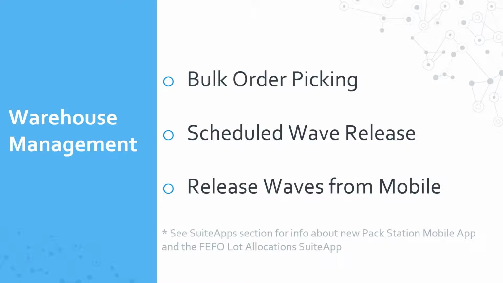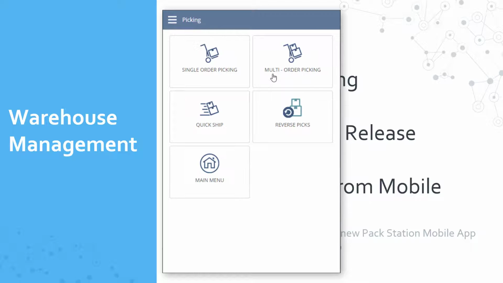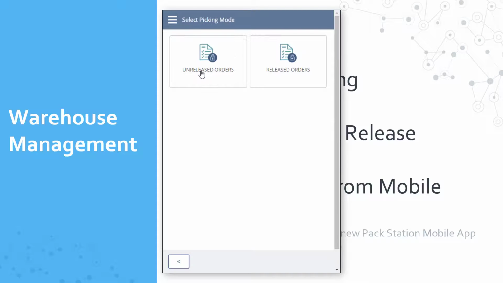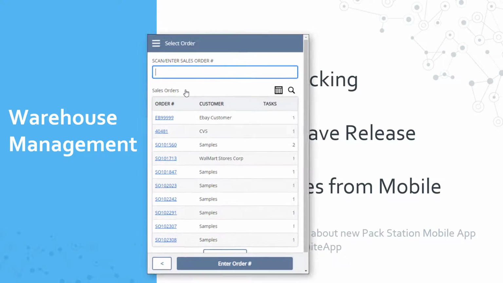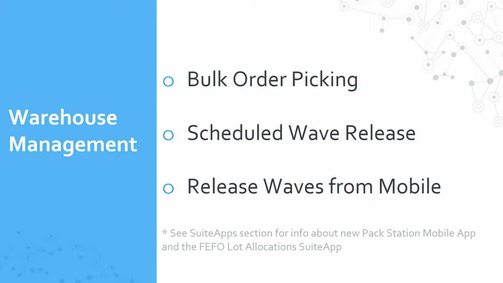Scheduled wave releases, allowing you to release waves to the warehouse according to a schedule, and the ability to release waves from your mobile device for single orders from the single order picking page. Additionally, NetSuite has released the new PackStation Suite app to complement NetSuite WMS, as well as the FIFO Lot Allocations Suite app. These will be discussed later in the presentation, so stay tuned.